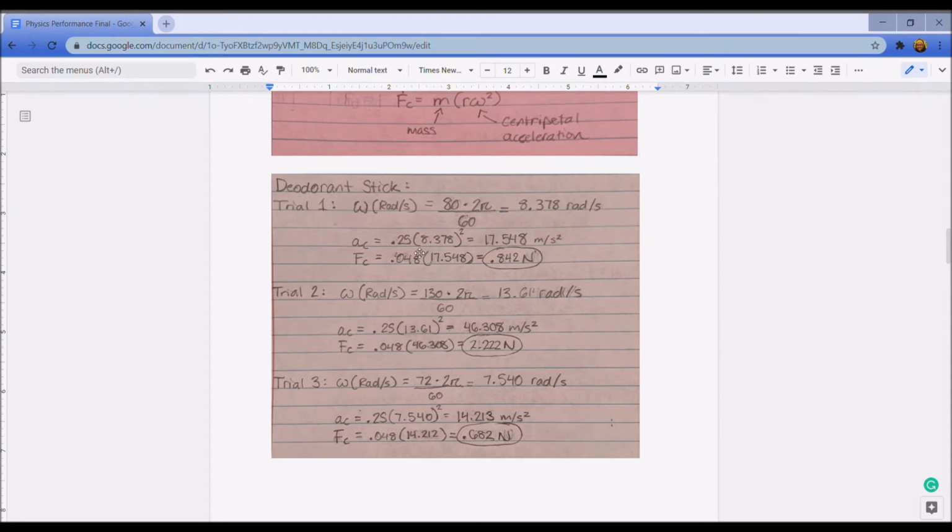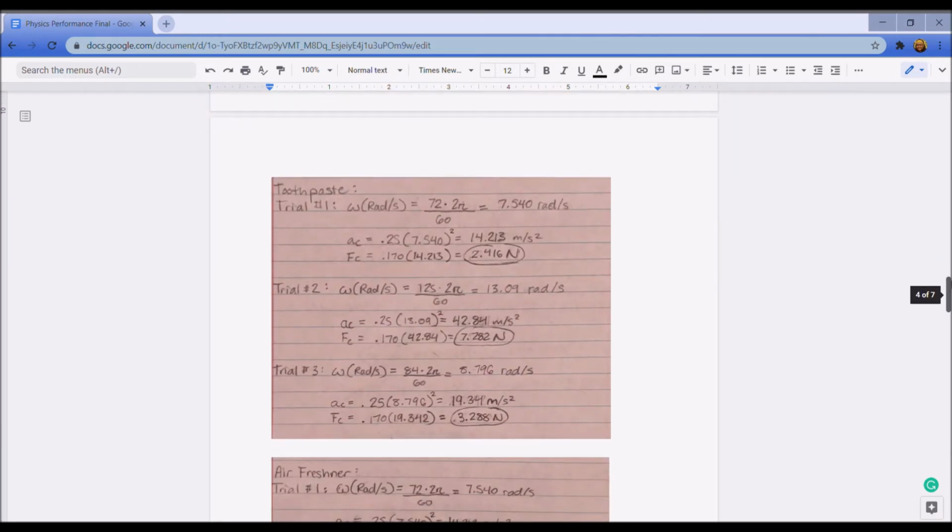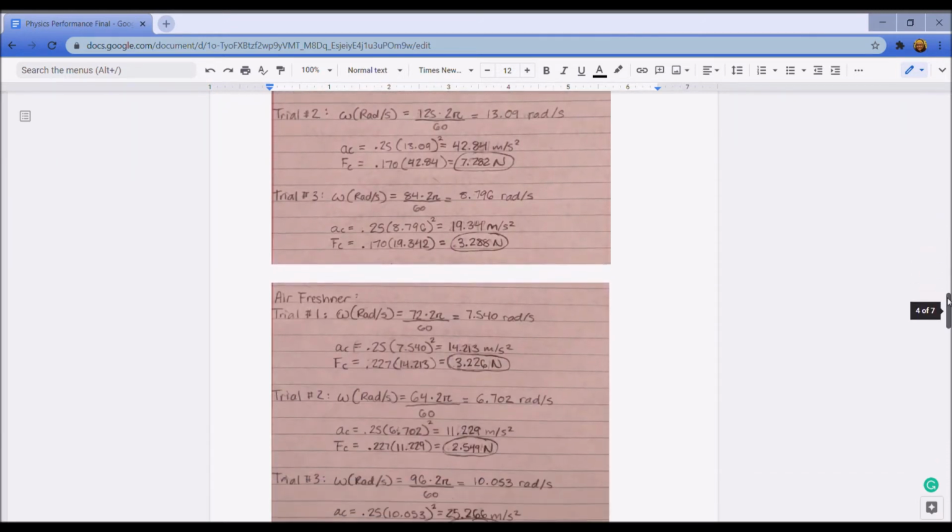And after that, I plugged the final value into the force formula by just multiplying it by the mass of the object. For the deodorant stick, it's 0.048 kilograms, and that's how I got the final centripetal force. And I did this for all 3 trials for all 3 of my objects, as you can see here.